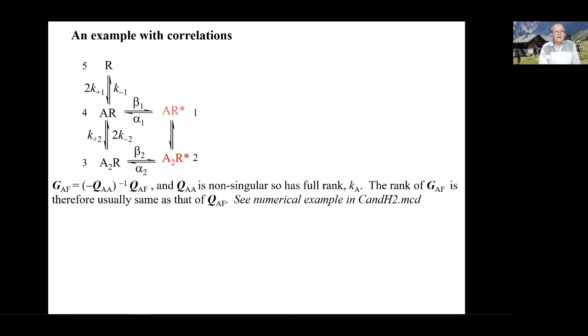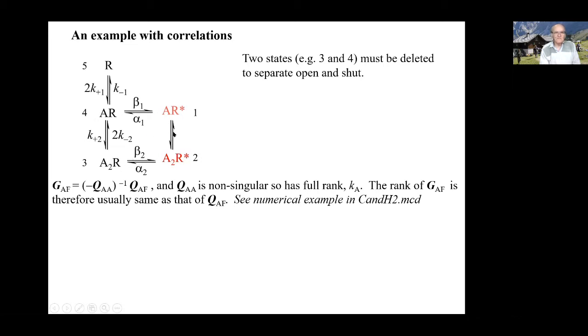So here is our example mechanism again. This one shows correlations as we showed in the last lecture. One way of looking at why that's the case is that we have to delete two states to separate the open and shut times.